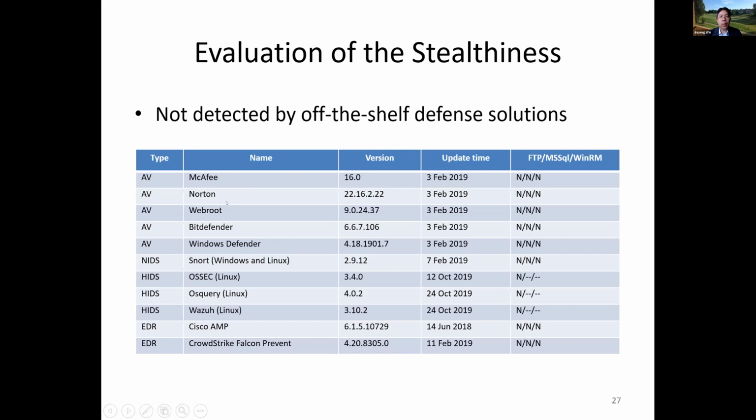So basically, we use these state-of-the-art defense mechanisms, or tools, to see if they can detect our proofs of concept. So the result is that none of them was able to detect our proofs of concept.